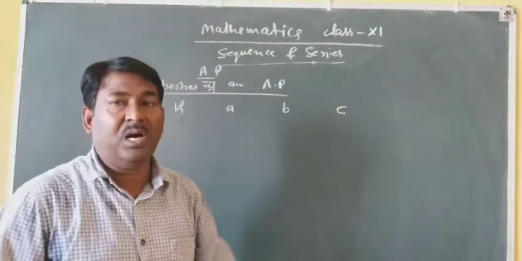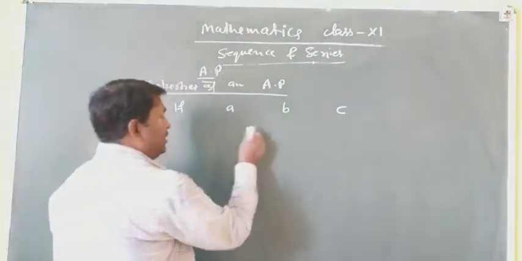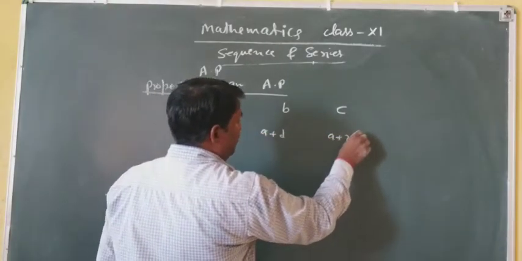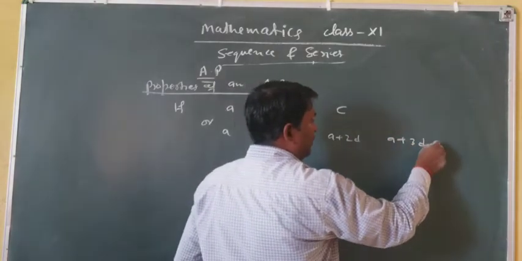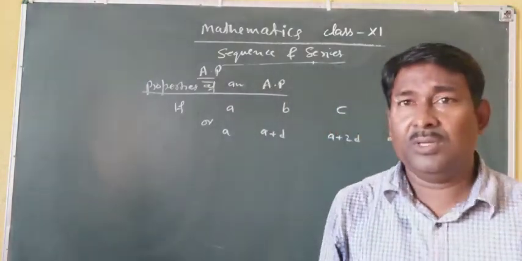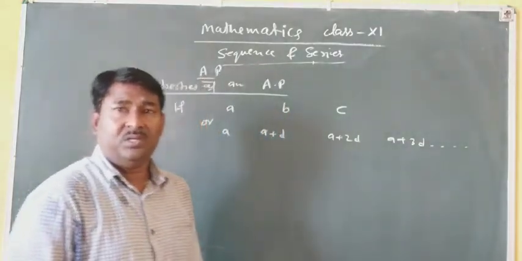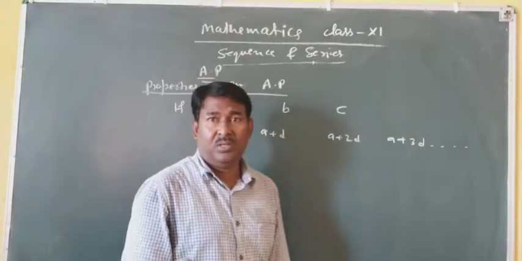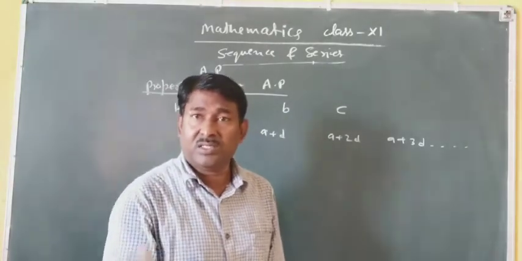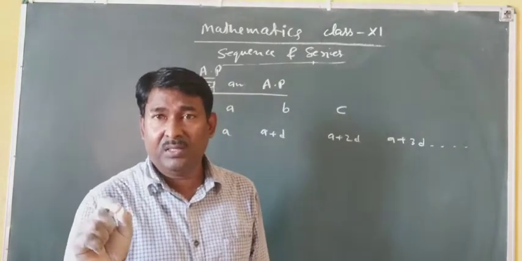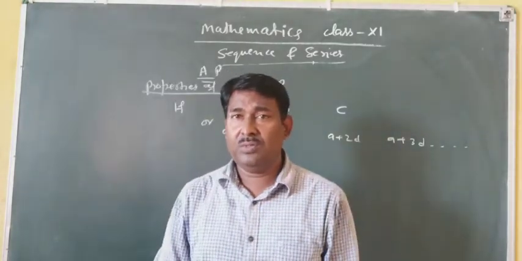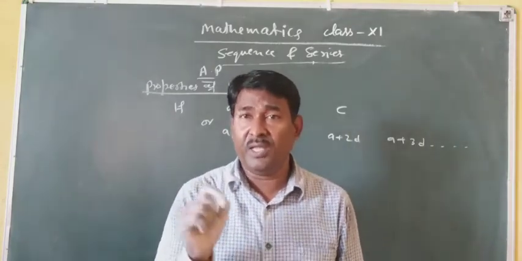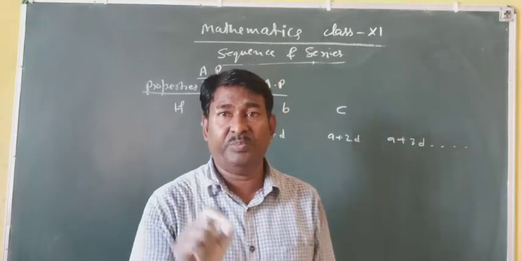or we can take it like this, if A plus D, A plus 2D, A plus 3D are in AP. So according to the first property, if all terms of an AP are added or subtracted by some constant value, then the new series will again be in an AP.